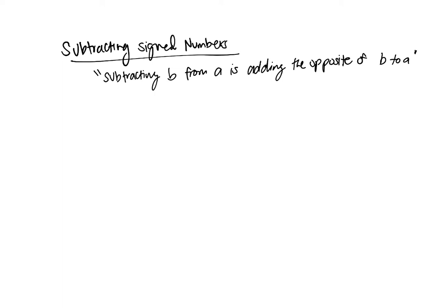So basically what you're going to do is change the subtraction symbol to an addition symbol. So if I gave you this, A minus B, what I'm going to do is change that subtraction symbol to addition. So it's going to be A plus.